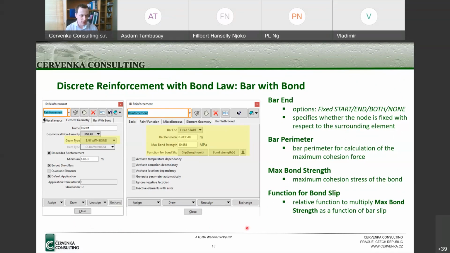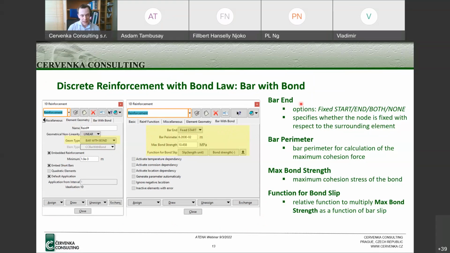You already know them from defining common reinforcement. The bond behavior is available for the so-called bar with bond geometry type, which you can find in the element geometry tab. And there are several options which need to be specified.